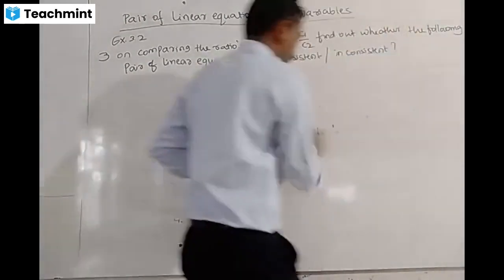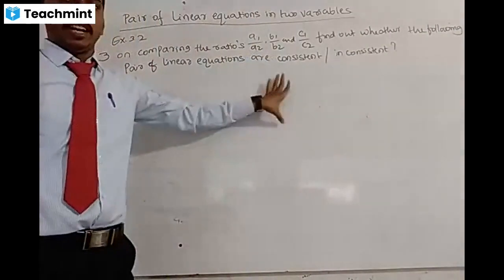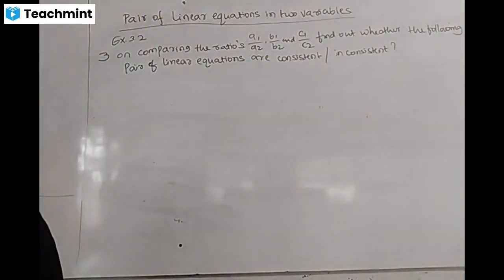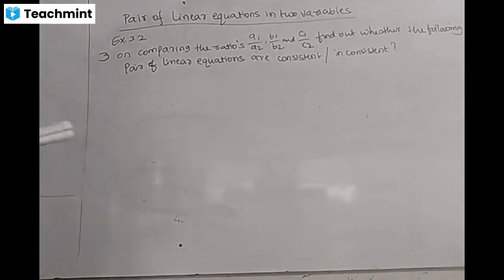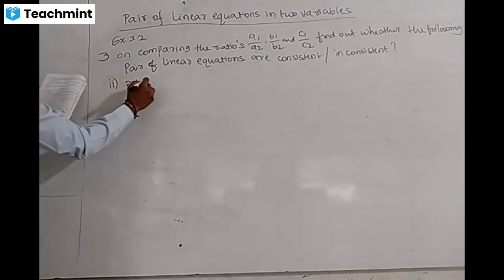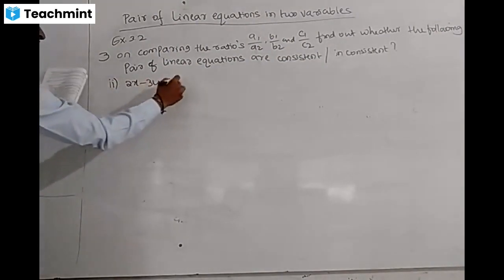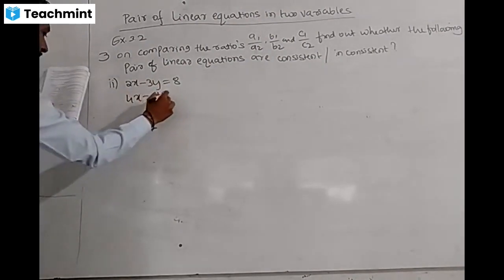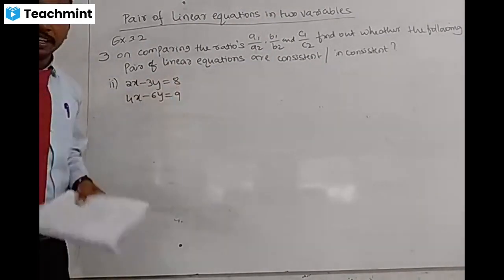So please, you need to write this statement. You need to give the conclusion for every answer. So now take the second one, that is 2x minus 3y is equal to 8 and 4x minus 6y is equal to 9.